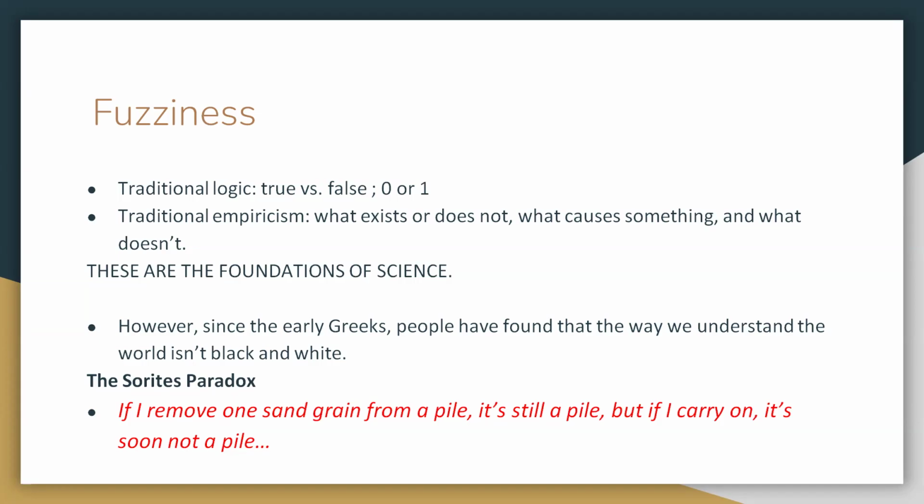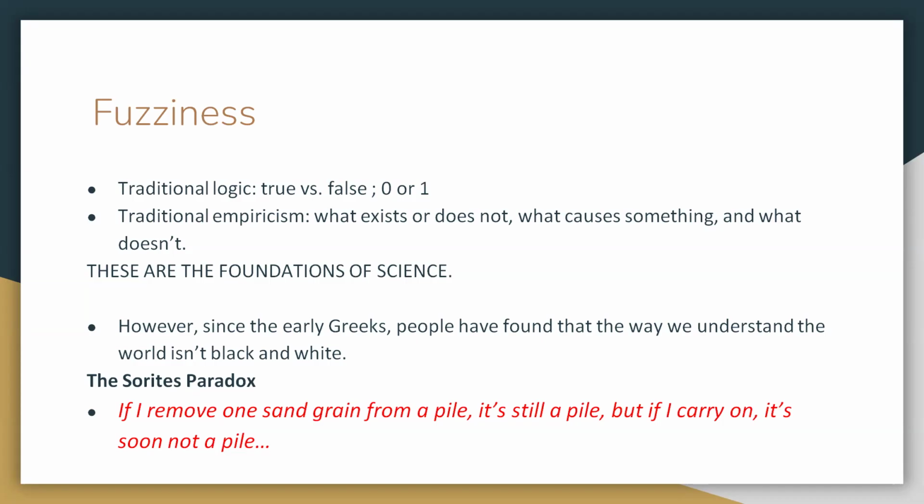There's a famous paradox which says if I remove one sand grain from a pile, it's still a pile. Because a pile is basically a heap of sand, and if you remove one grain of sand, it's still a pile. But if you keep on doing this, at some point all the sand grains will be removed, and eventually it will not be a heap or a pile, right?